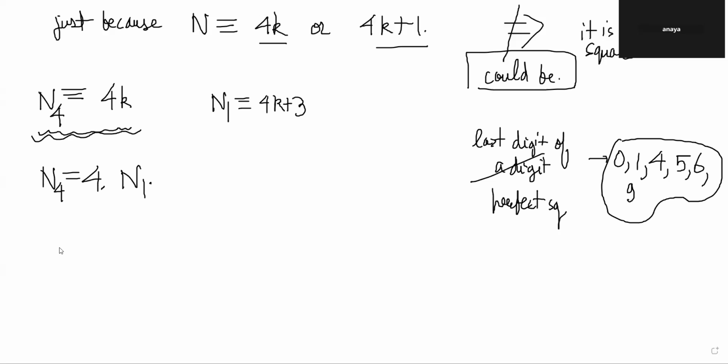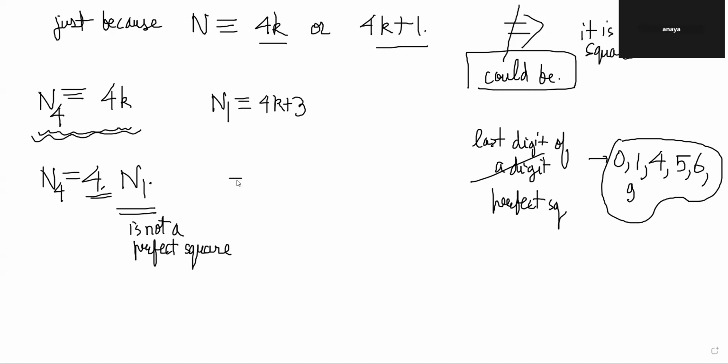So N4 is actually 4 times N1, right? And we know N1 is not a perfect square. So how can N4 be a perfect square? It is 4 times something that is not a perfect square. 4 is a perfect square, so technically, if N1 was k square, we could have said it is 2k whole square.